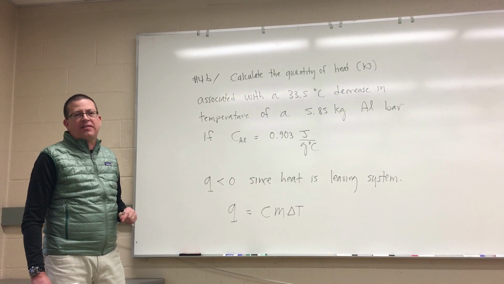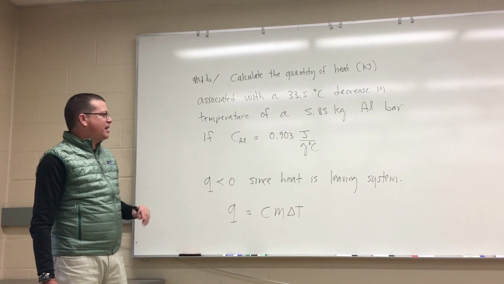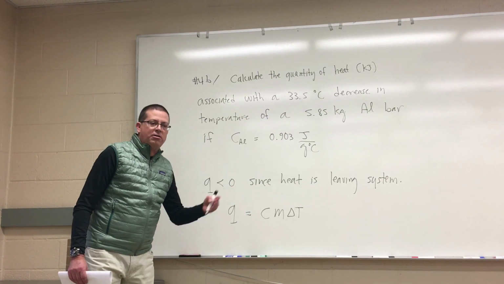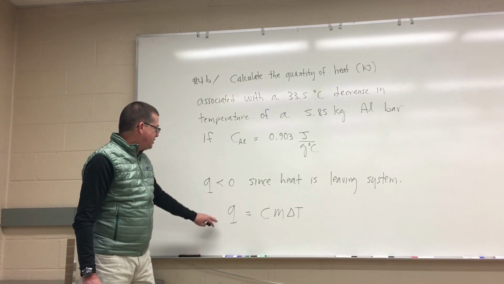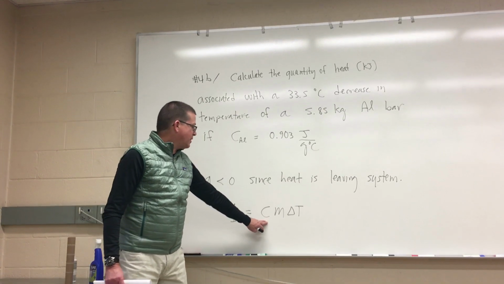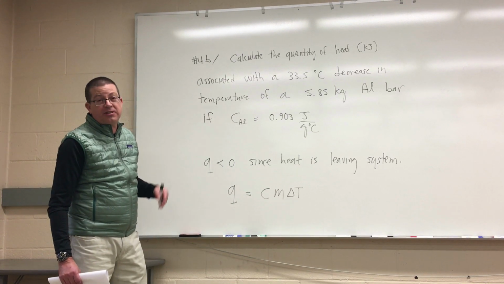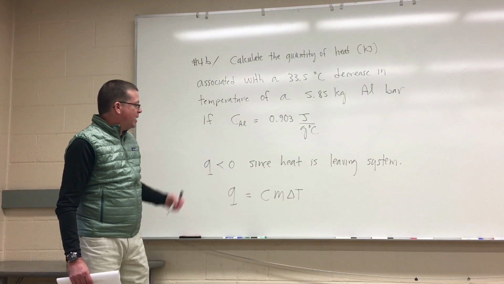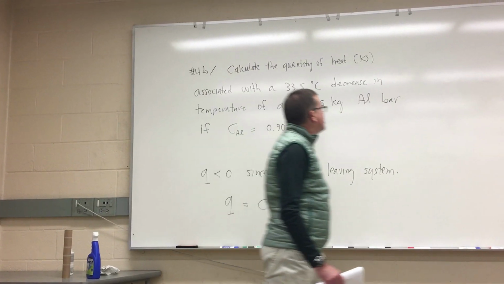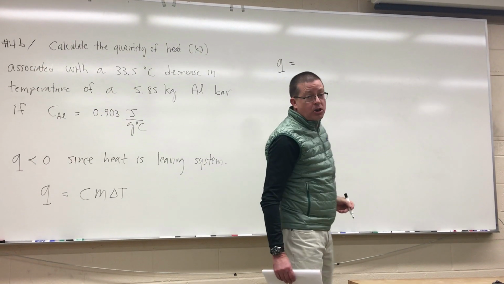That tells me that the internal energy of the aluminum is being decreased, so we'd expect to get a negative Q. The general expression we're going to use, and we'll see that it works out units-wise, is that Q, our heat, equals the specific heat of the substance times the mass of the substance times the change in temperature that the substance undergoes. So Q equals C times M times delta T. It's a simple matter of plugging into this equation to determine what heat is transferred out of the aluminum.